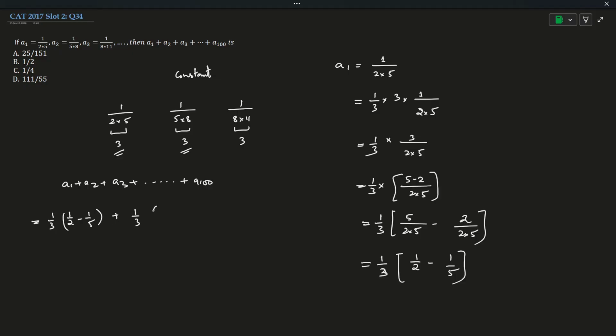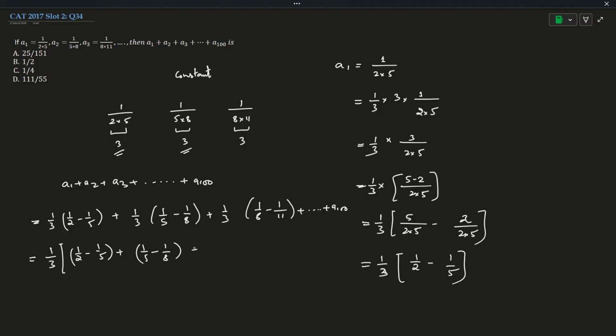A2 will be 1 by 3 into 1 by 5 minus 1 by 8, plus 1 by 3 into 1 by 8 minus 1 by 11, plus dot dot plus a100. I will calculate a100. I can take 1 by 3 common: 1 by 2 minus 1 by 5 plus 1 by 5 minus 1 by 8 plus 1 by 8 minus 1 by 11.